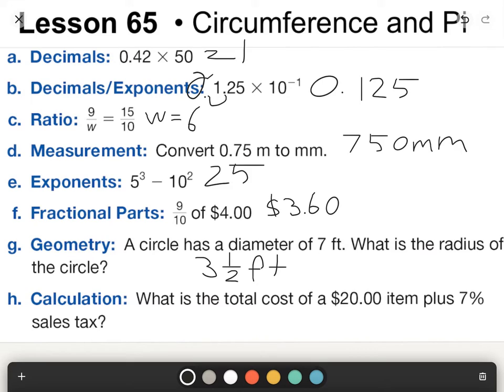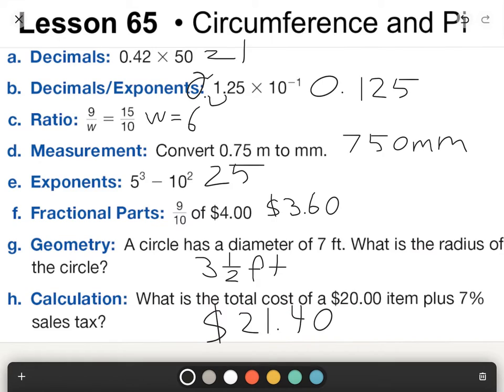Just an observation. Alright, then I can look at this, and just don't forget the total cost. So I can think 7% of $10 is 70 cents. So 7% of $21 is $1.40, and then I can add that to my 20 and get $21.40.